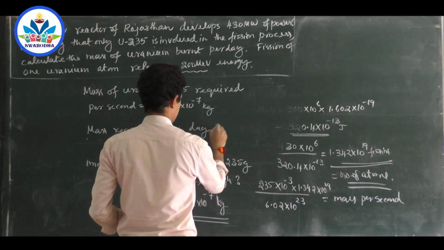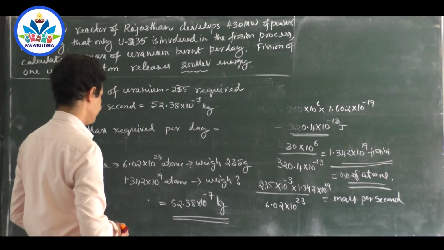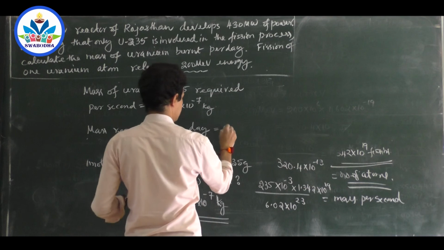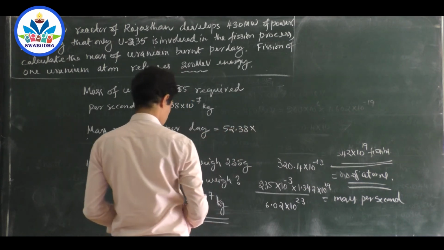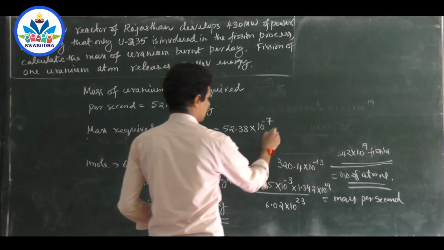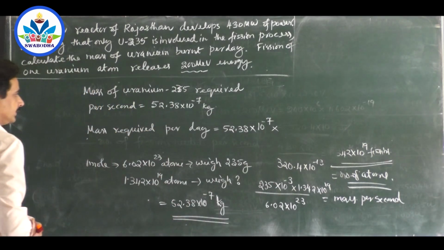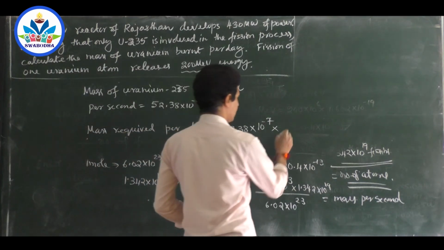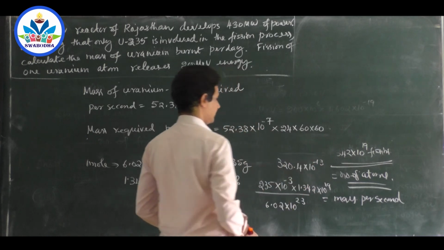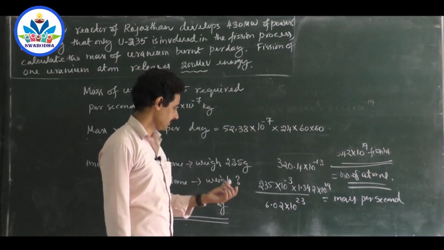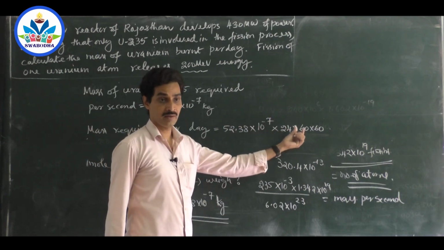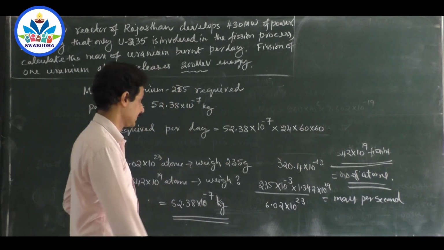Mass required per day is equal to 52.38 into 10 to the power minus 7 into how many seconds? 24 hours, 60 minutes, 60 seconds, per day. In a day you get so many seconds. This is the mass required per second. 24 hours in a day, and each hour contains 60 minutes and each minute contains 60 seconds.